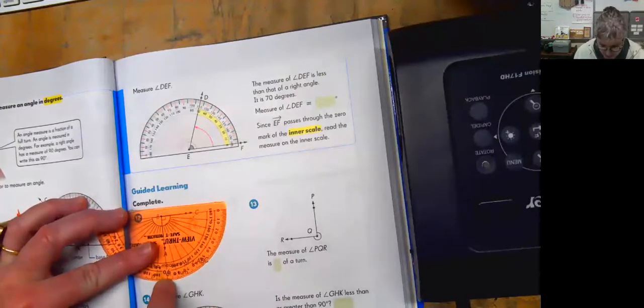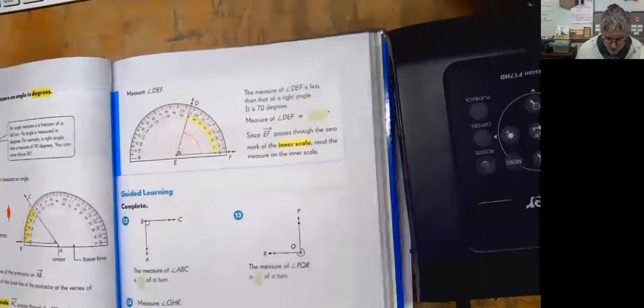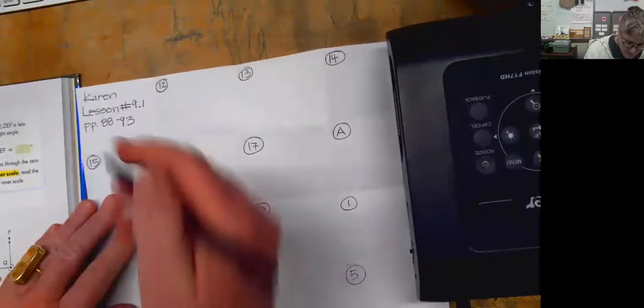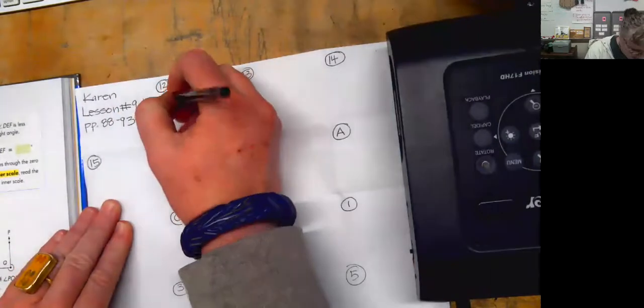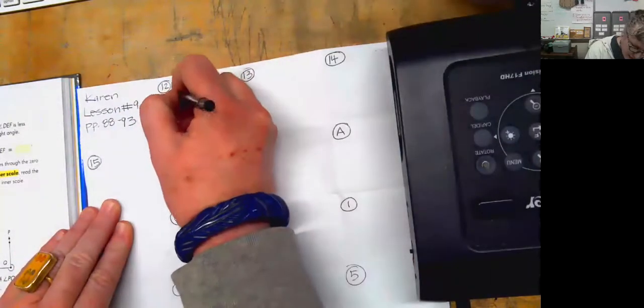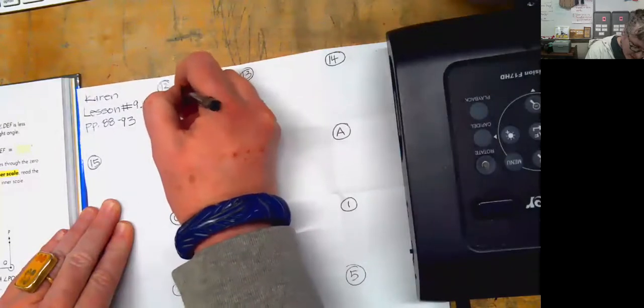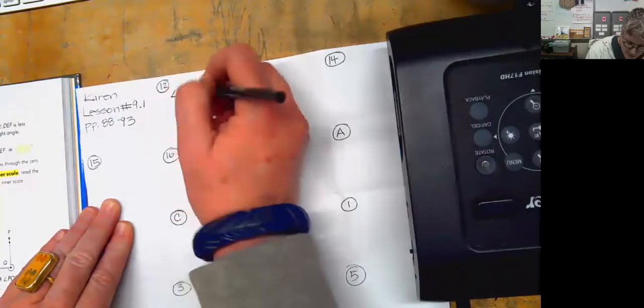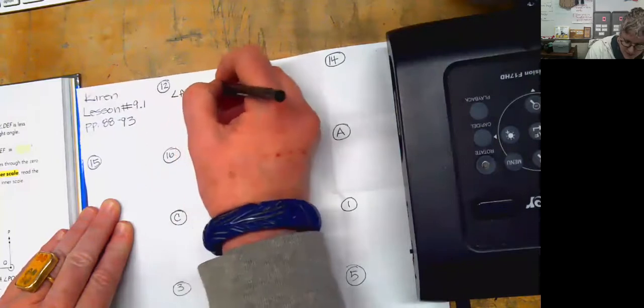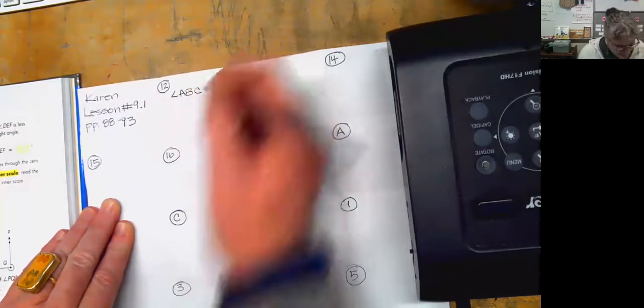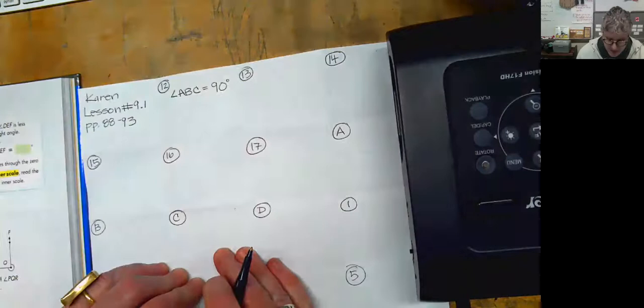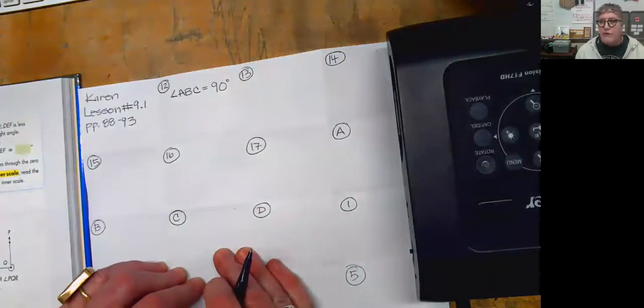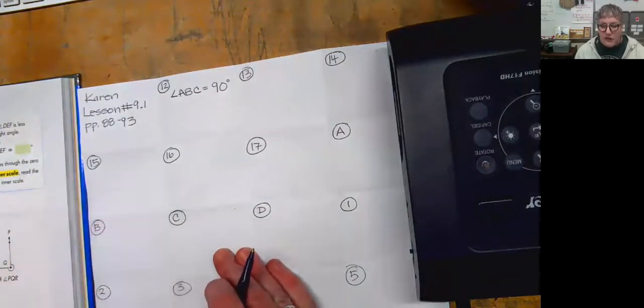I can see that it's 90. So on number 12, I'm going to say angle ABC equals 90 degrees.